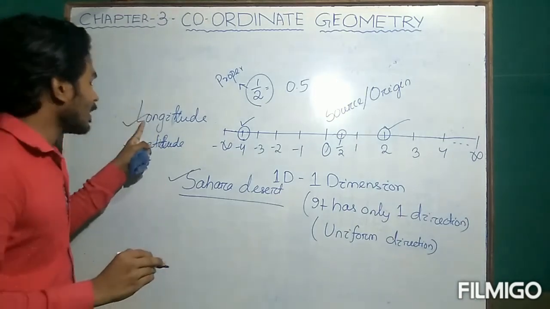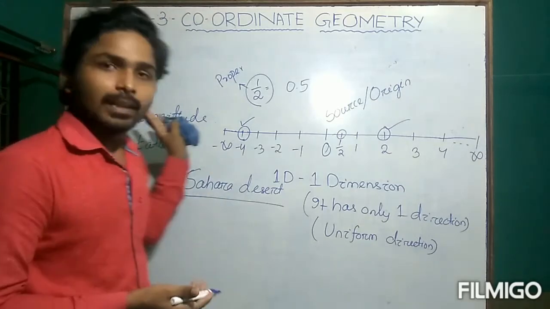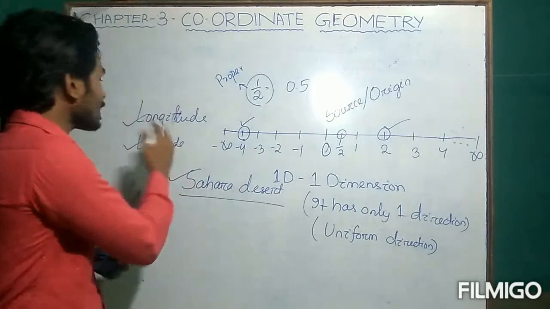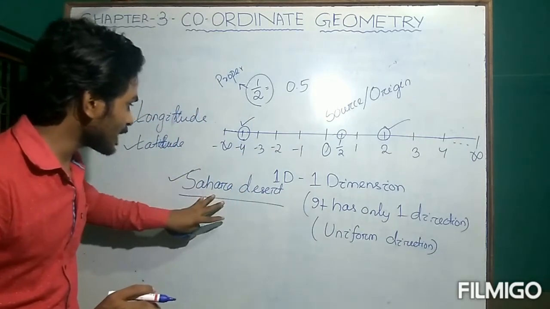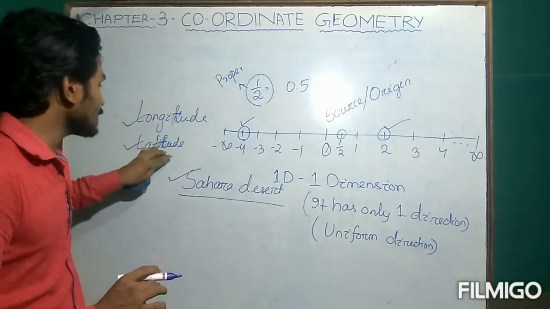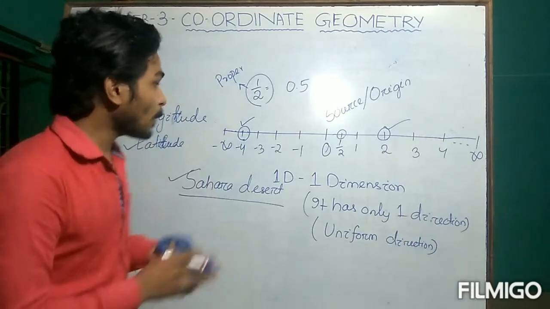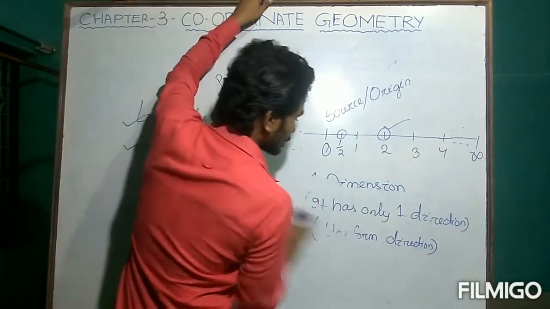What are they? Longitude and latitude. You have already studied in geography what longitude and latitude are. So you can find the exact position of the Sahara by two conditions, longitude and latitude. Let us take one more example so that it is easy to understand.